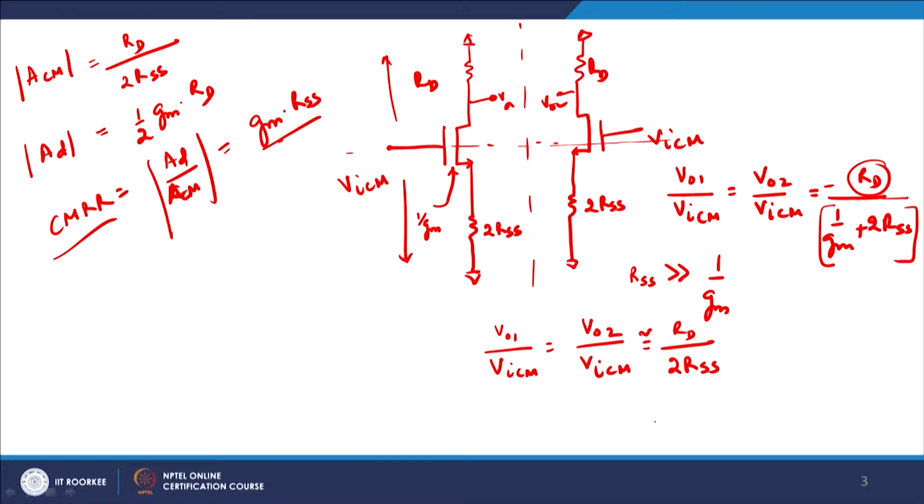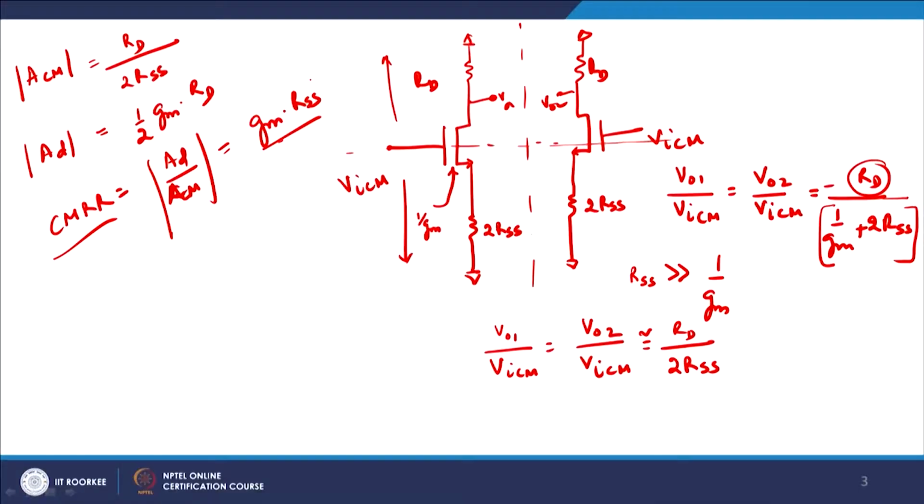And since RSS is relatively very high, because you are using a tail current source which is assumed to be an ideal current source, CMRR happens to be very high, 10 to the power 5, 10 to the power 6 orders of magnitude.